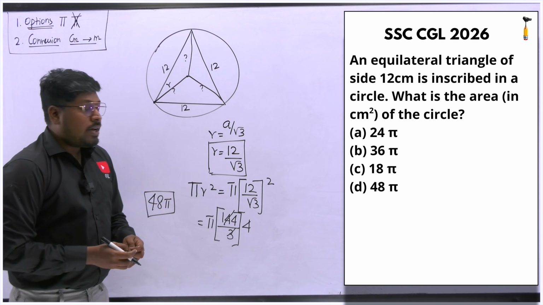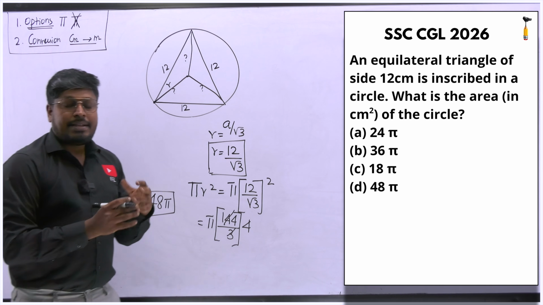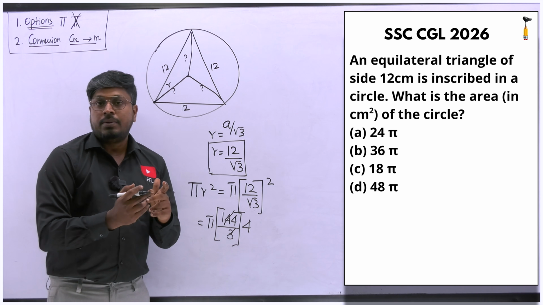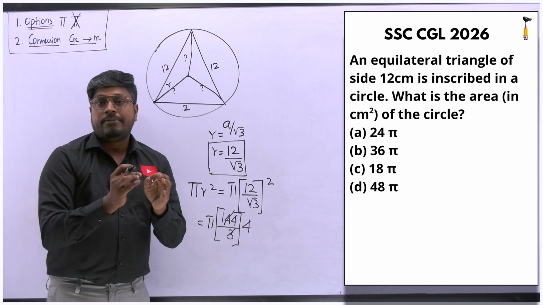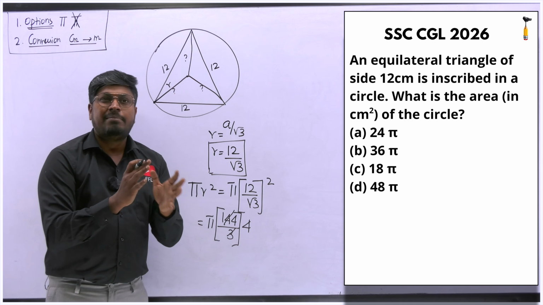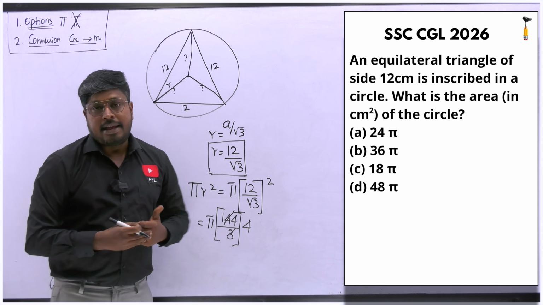So in case you are learning this formula newly, note it down. And there is another formula that you have to learn in this concept of circle, that is on equilateral triangle, the area of an equilateral triangle, root 3 by 4 a square, right?